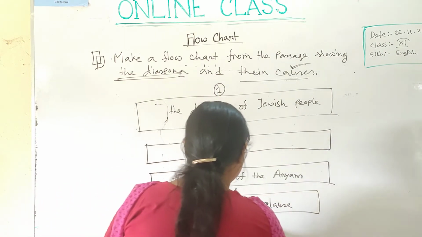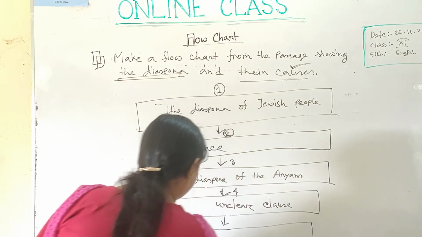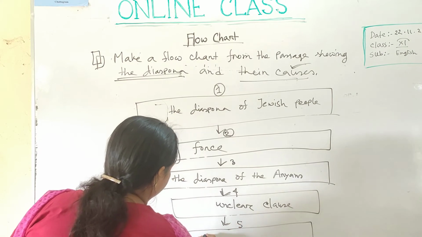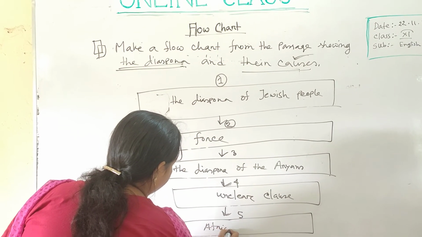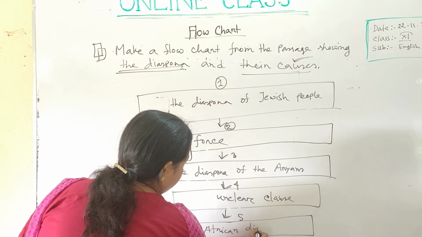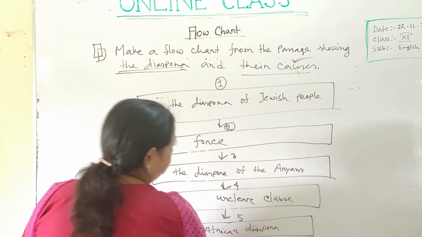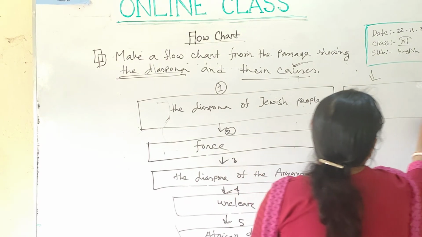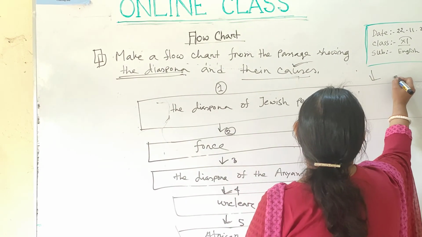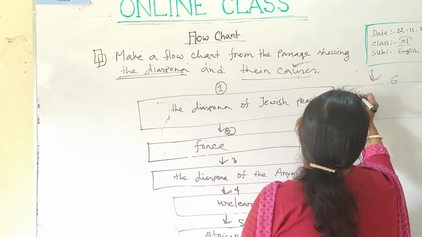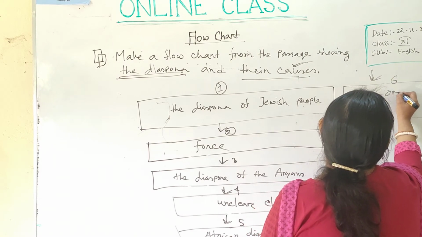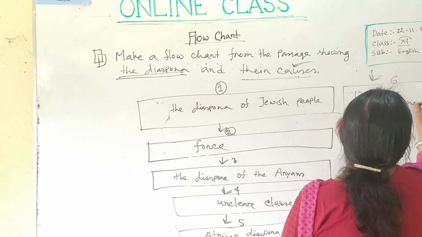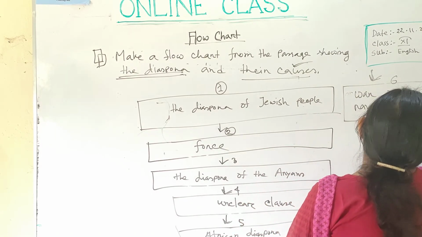And draw another box showing the name of another diaspora, that is African diaspora, and the cause of this diaspora is war or ravage of nature.